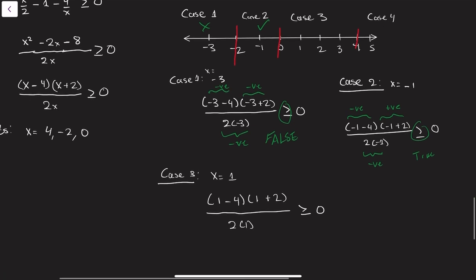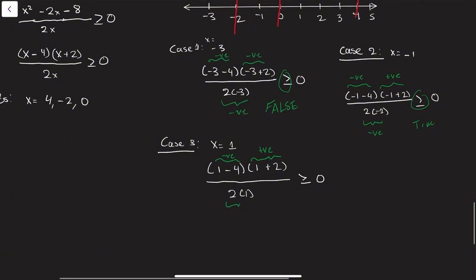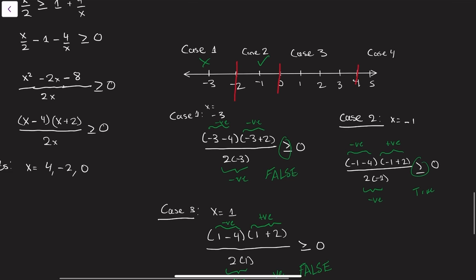When we analyze this, we see that this is negative, this is positive, this is positive. So a negative multiplied by a positive is negative, divided by a positive is negative. So everything is negative. We can't have a negative number being greater than or equal to 0. So we know that this is false. Let's put an X beside that.